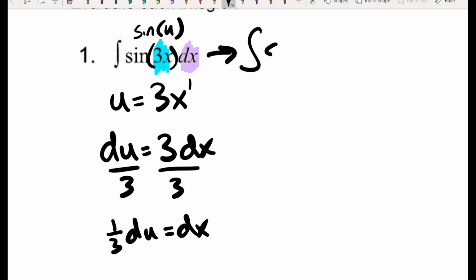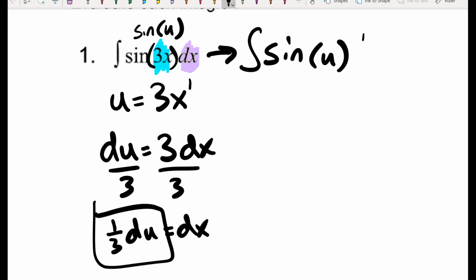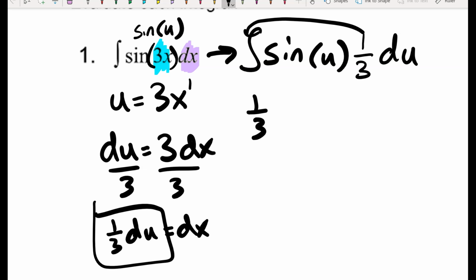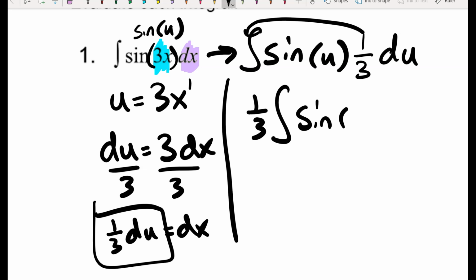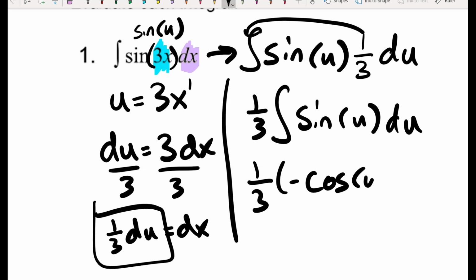So I'm going to write the integral of sine of u, and instead of dx, another expression that represents dx is 1/3 du. Now you'll never see me write it like this because constants, I can multiply them in any order, right? So I'm just going to write that constant on the outside of the integral. That's one of my properties of integration. So the integral of sine of u is just negative cosine of u.